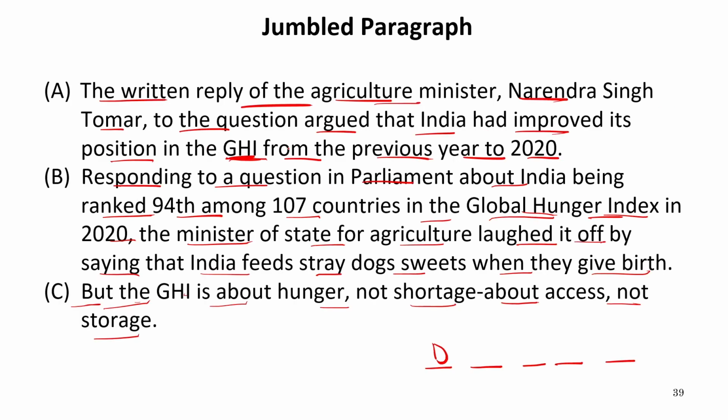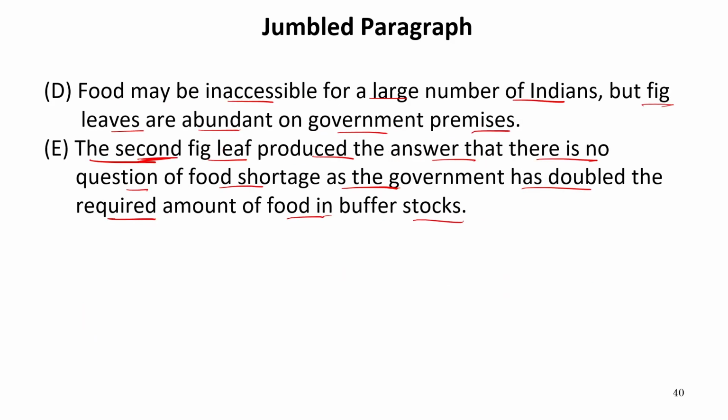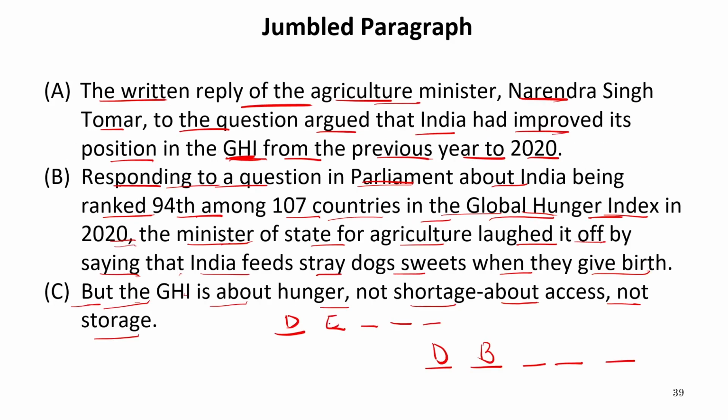So we can link this sentence with responding to a question in Parliament about India being ranked 94th among 107 countries in Global Hunger Index in 2020. The Minister of State for Agriculture laughed at it by saying that India feeds stray dogs sweets when they give birth. So this can be the link, but we'll make other combinations as well. So first we'll have D over here, and after that we'll have E. So let us move with these two combinations.